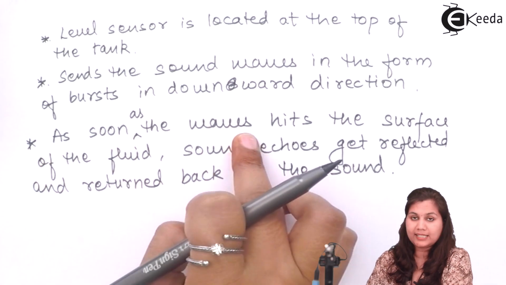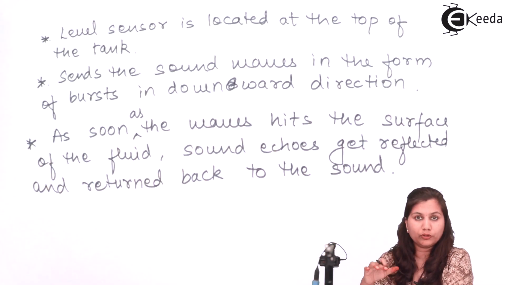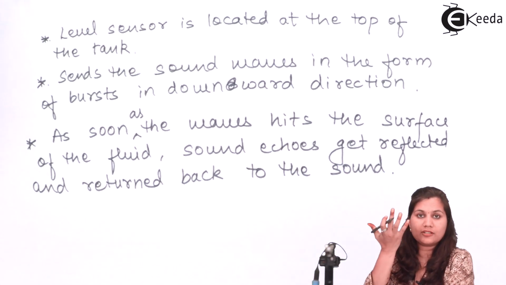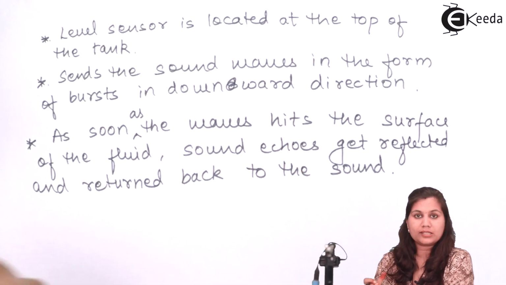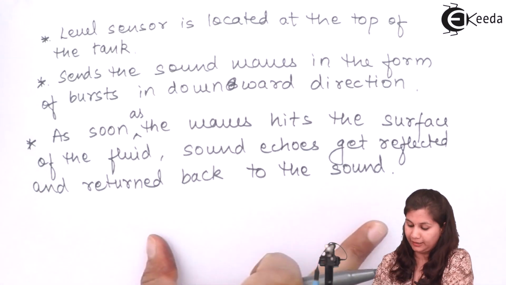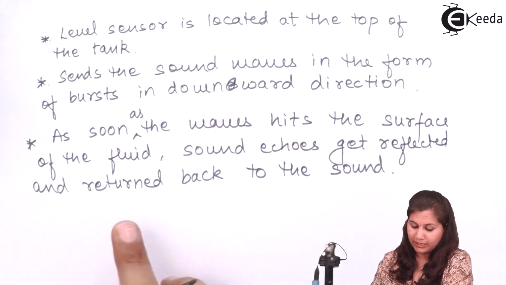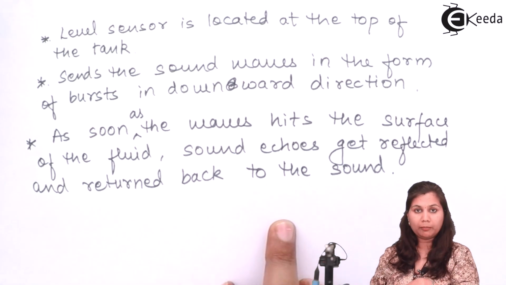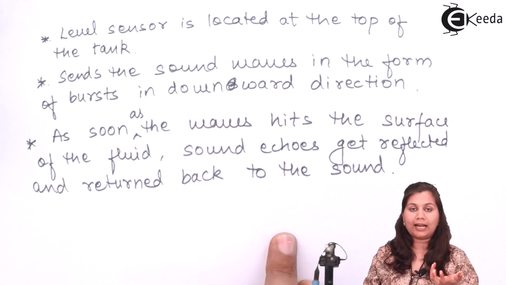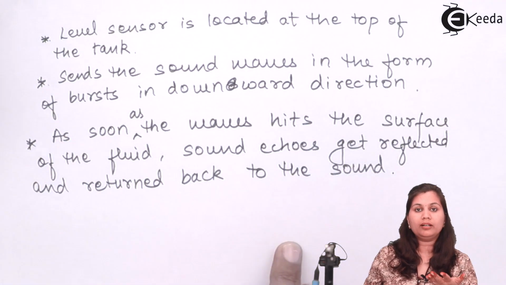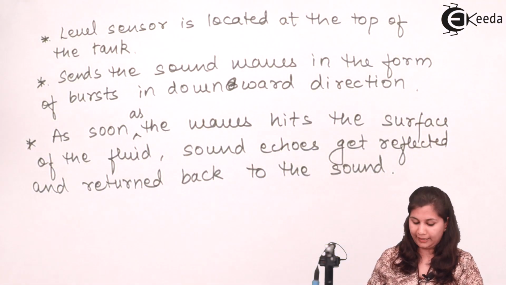As soon as these waves hit the surface of the fluid, they get reflected and echoes are generated. These echoes return and are received by the sensor again. The time taken by the sound wave to return to the sensor is directly proportional to the level of the liquid in the tank.